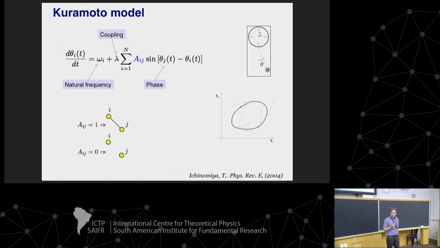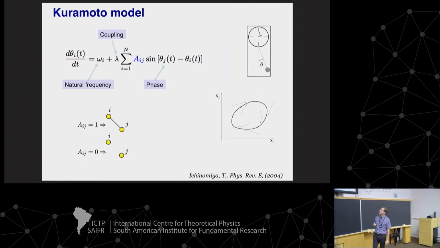And one particularly important model we consider is the Kuramoto model. The Kuramoto model basically is a model in which the evolution of the phase of oscillator i depends on its natural frequency and also depends on the interaction with the neighbors. For instance, here you have the terms of the adjacency matrix, which is 1 if you have a connection between i and j, and 0 otherwise.